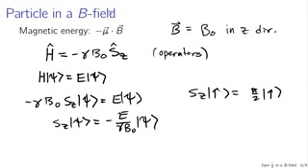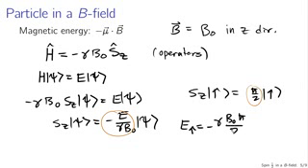What that allows you to do is identify the eigenvalues you get here with the energies. What that tells you is that the energy of, for instance, the spin up state is going to be minus gamma B0 h bar over 2, and the energy of the down state is going to be the opposite sign, plus gamma B0 h bar over 2.